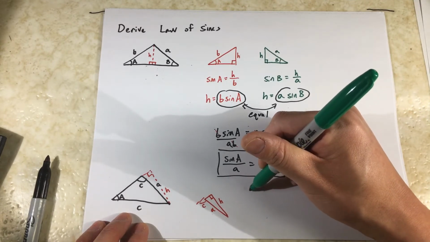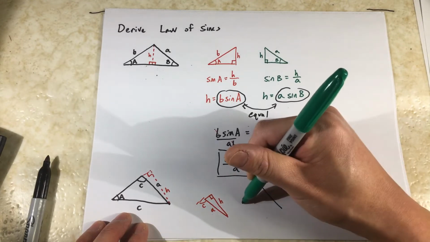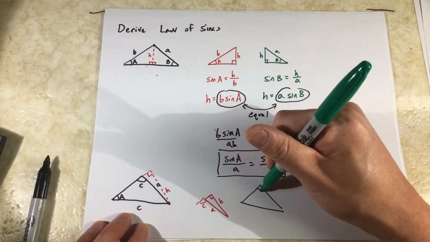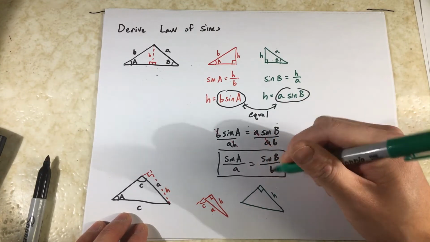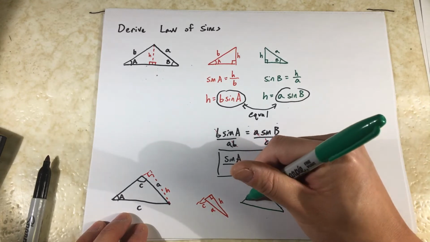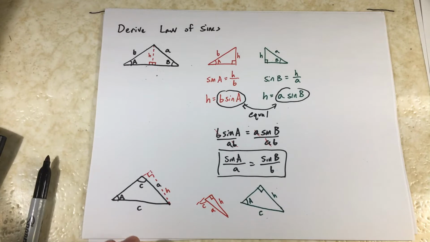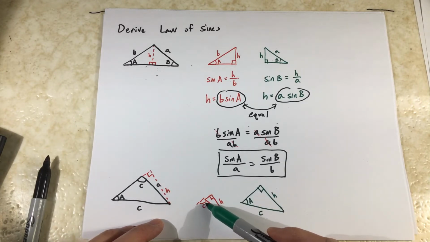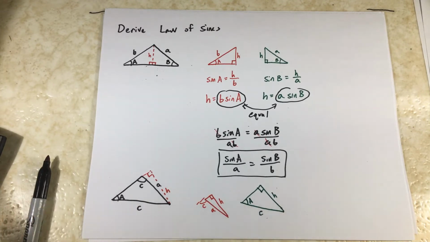The other right triangle would be this big one, so it goes all the way from edge to edge like this, and this side would be H, this angle would be A, and this hypotenuse would be C. So it turns out if you do the same thing, the sine of this big angle C is also equal to the sine of this little angle in here. And so you basically get sine A over A equals sine C over C.